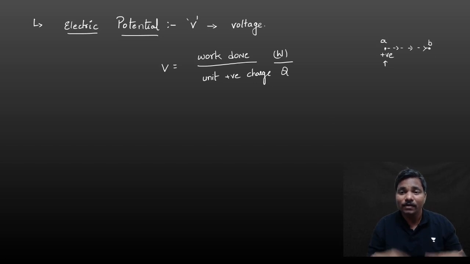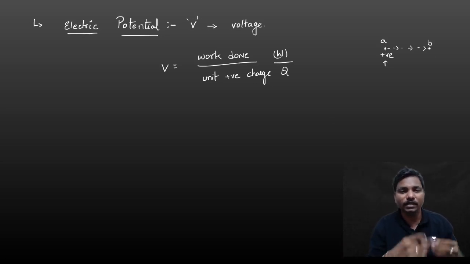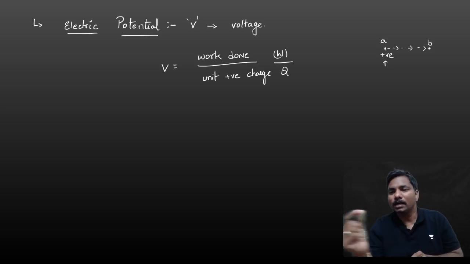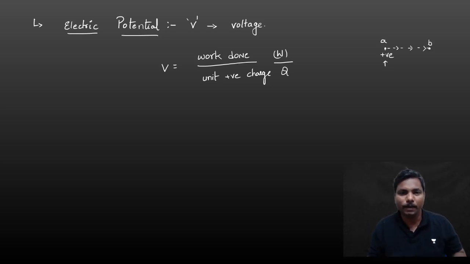So whenever there is energy, the electrons are moving, means you can say the current is flowing. Whenever there is a potential, whenever there is a voltage, then current is flowing. So whenever we apply some voltage, then current will be flowing. Or whenever there is some potential difference, then also current is flowing.